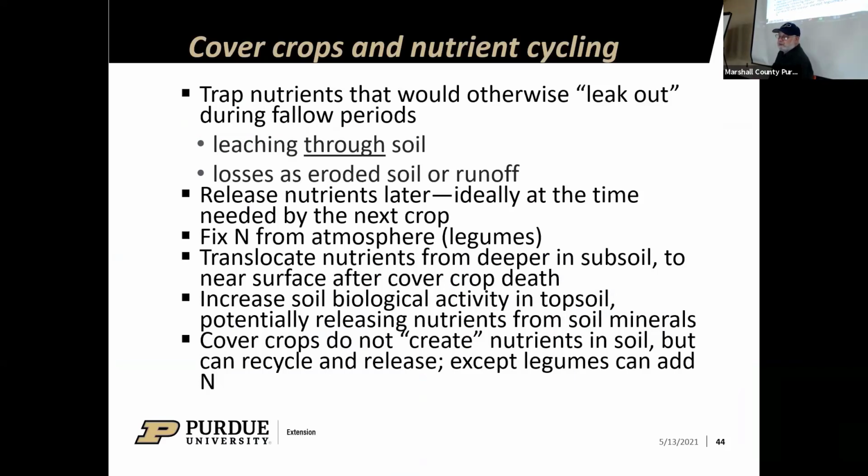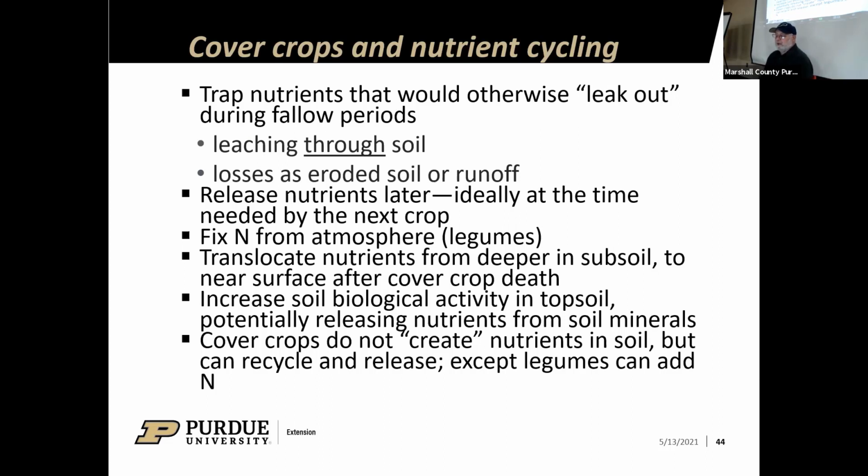So trapping nutrients that would otherwise leak out is one function. These will reduce what's leaching out of our soil and losses that are eroded from soil or runoff. As those roots in the soil break down and the part of the plant above the soil breaks down, it'll release those nutrients back into the next crop growing in your garden, for example.